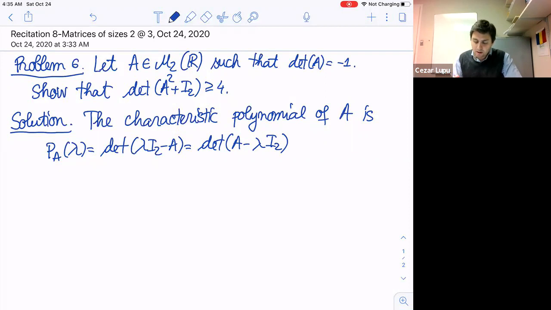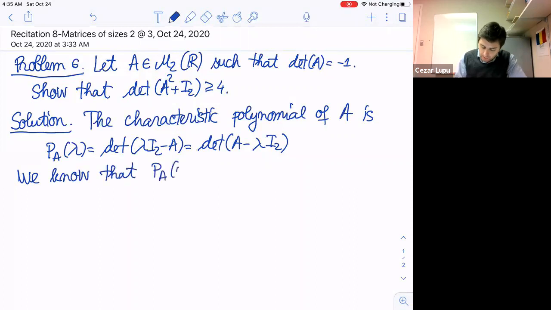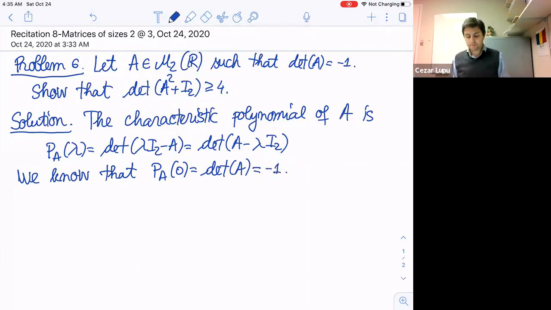You take out the -1, and since we have a matrix of size 2, it will be (-1) squared, which gives you 1. And we know that if we plug in lambda to be 0, P_A of 0 is nothing else than the determinant of A, which is -1.